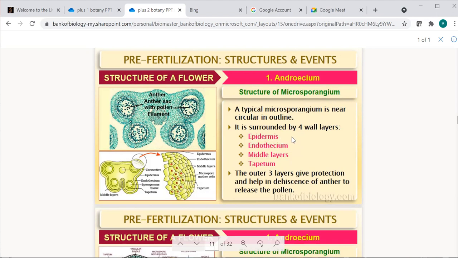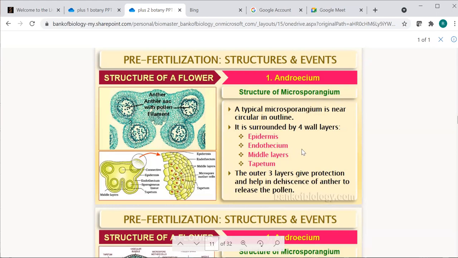Epidermis is the outermost layer which is a thin layer. उसके नीचे वाला है endothecium. This is hygroscopic in nature, which means it absorbs water, and it is thick. ऊपर वाला जो है thin है, नीचे वाला जो है thick है. Endothecium is a fibrous layer and also hygroscopic in nature, which absorbs water.